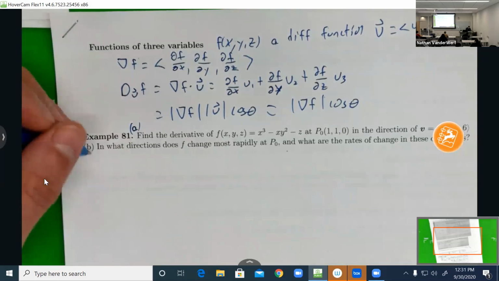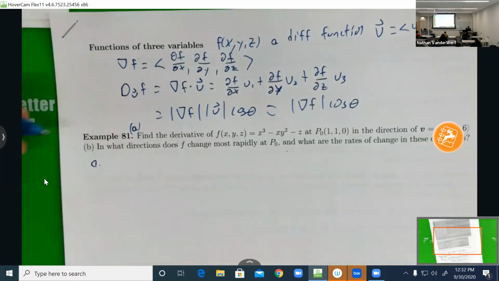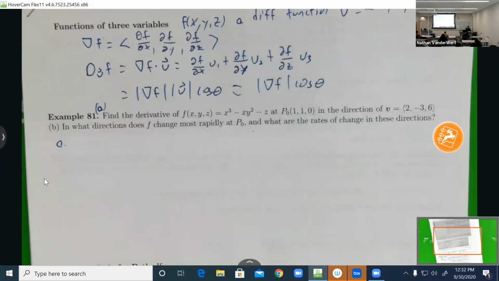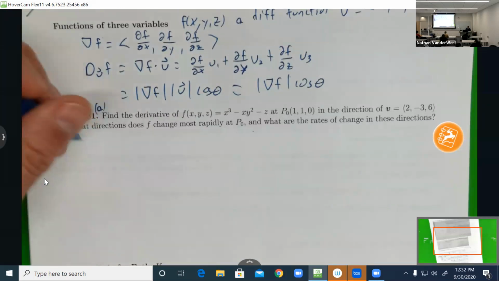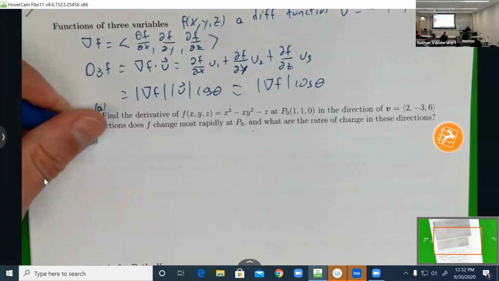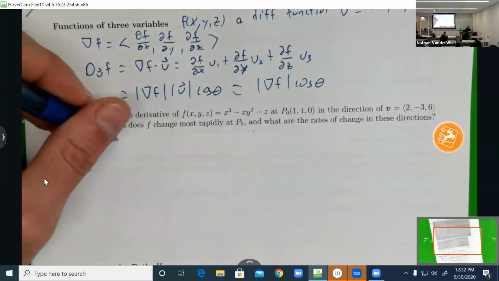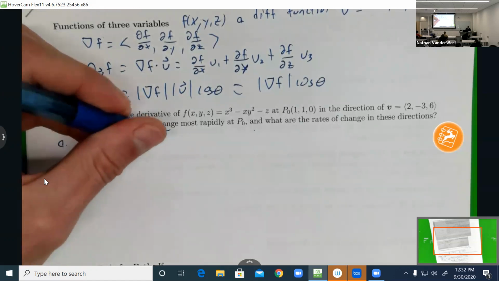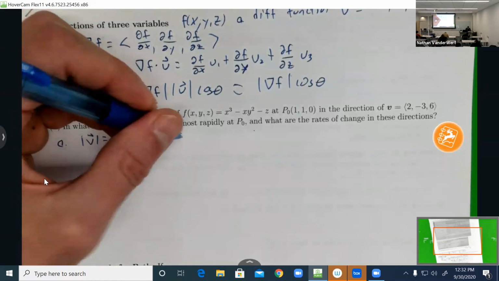For part A, the first thing to remember whenever you're doing this, and you have this in the direction of, is that you have to make it into a unit vector first to get the correct rate of change. So the very first thing we're going to do is calculate the magnitude of v. The magnitude of v is going to be the square root of 4 plus 9 plus 36. Does that make a whole number?